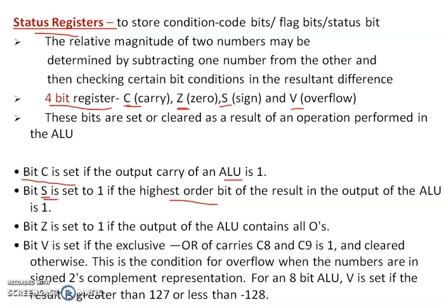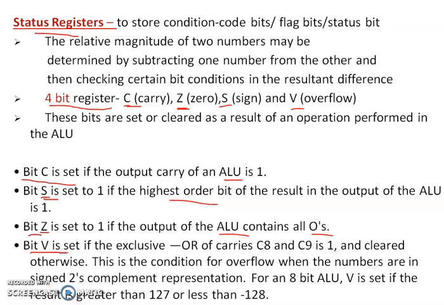In such cases, bit S is set to 1. Then if bit Z is set to 1, it means after performing the ALU operation the output obtained is all zeros. In that case it indicates the output is 0, so Z will be set to 1.